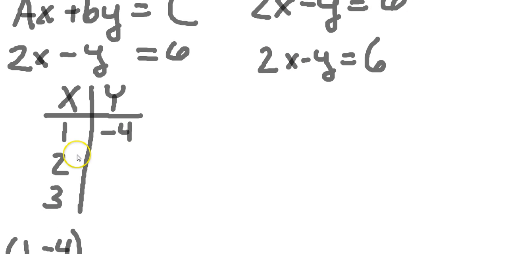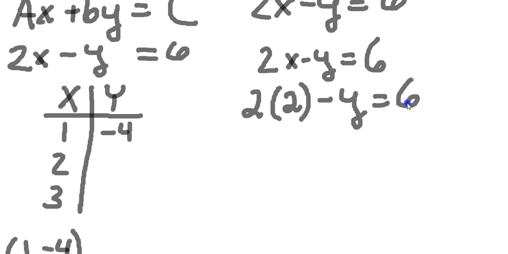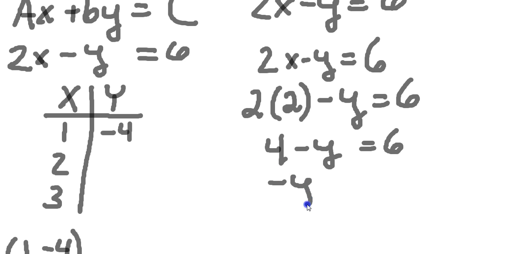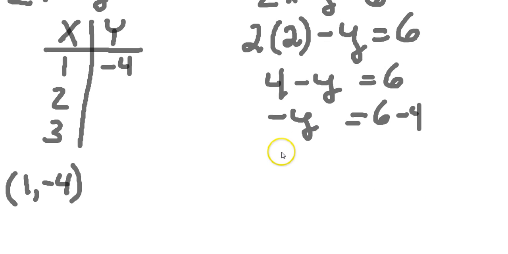Then we take our next number for x, which we said was 2. So we have 2, open parentheses, 2, close, minus y equals 6. Again, solving for y: 2 times 2 is 4, minus y equals 6. Move the 4 to the other side, so we have negative y equals 6 minus 4, which is negative y equals 2.